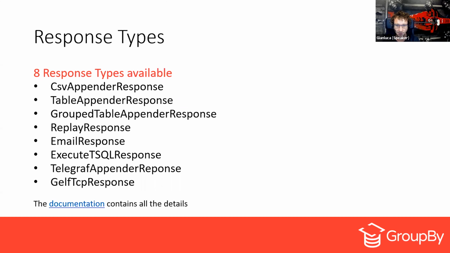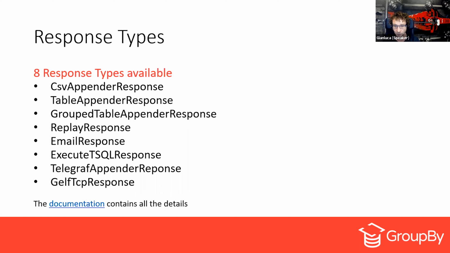This one, as the name suggests, will send alerts using email. So it will use an SMTP client to send notifications using the data available from the event. And then we have an execute T-SQL response. This one is capable of running some queries in response to the events that you receive from your sessions.